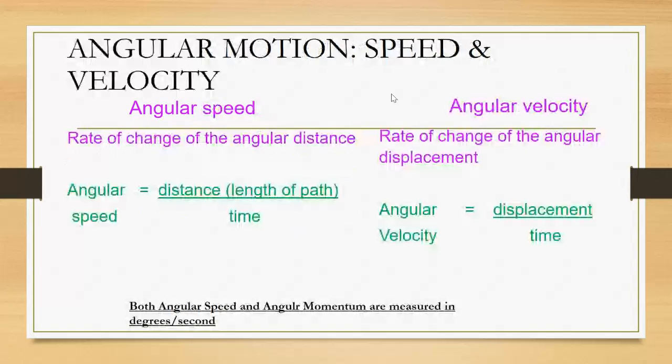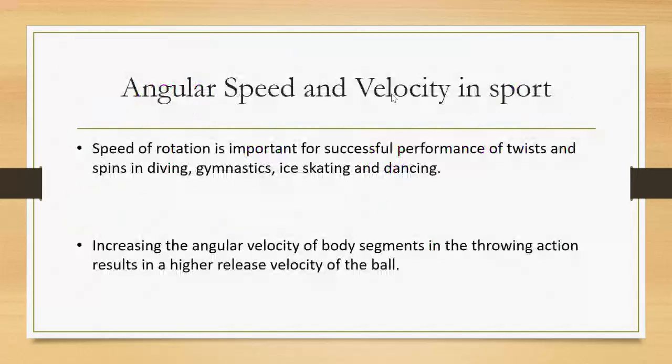Let's have a look at some examples, just to compare the two together. The distance divided by the time, or the displacement divided by the time. Both are measured in degrees per second. The angular velocity will also include the direction in which it's moved, so clockwise or anti-clockwise.